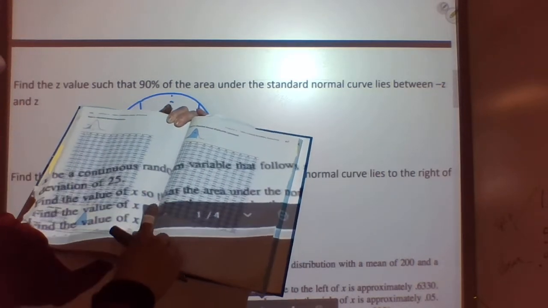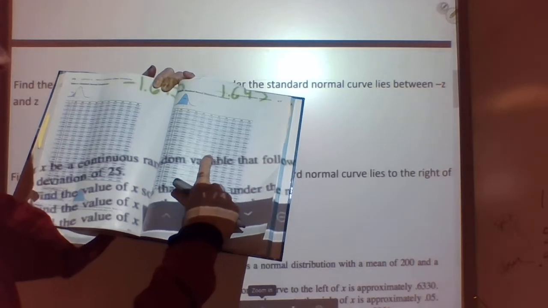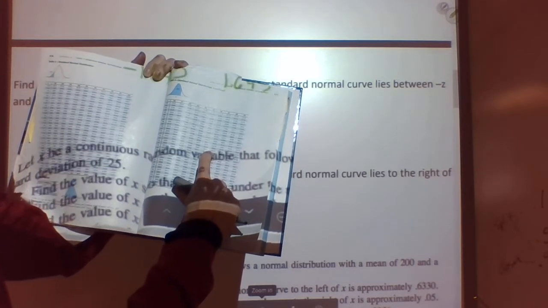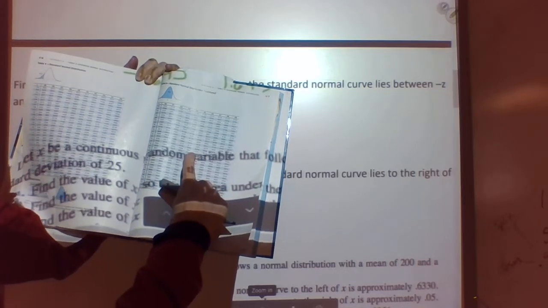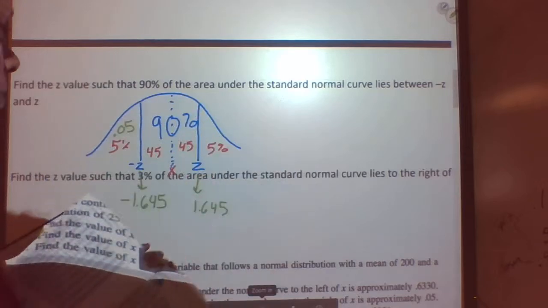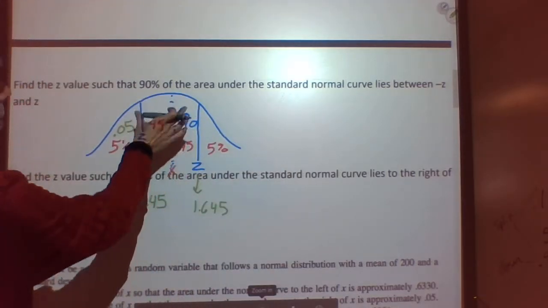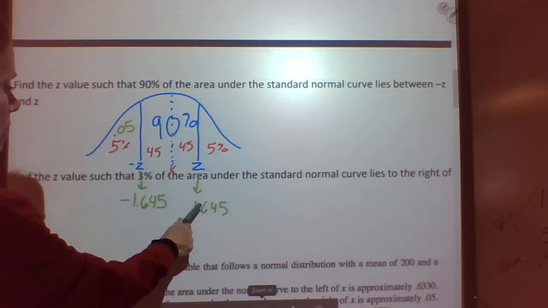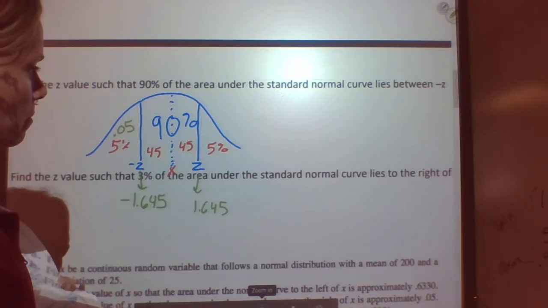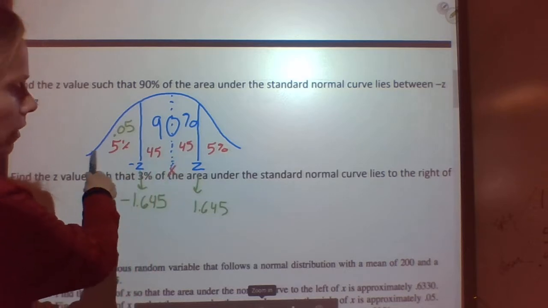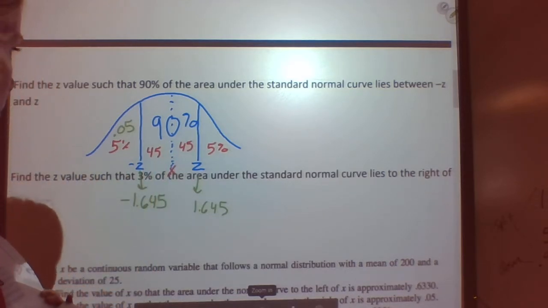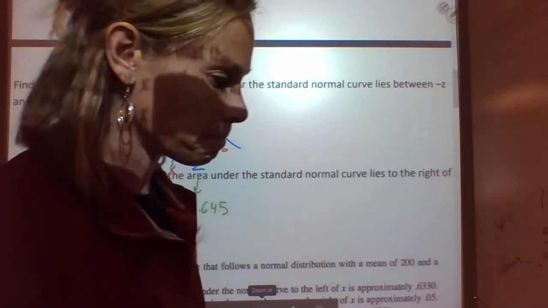So if I look up 95% over here on the right side, it lands right in between two numbers, and it's 1.645. Okay? So when you do area in between of a middle percent, there'll always be opposite numbers of each other that will happen. But you can always add up all the area to the left and look it up that way too, looking up by its probability. Okay.